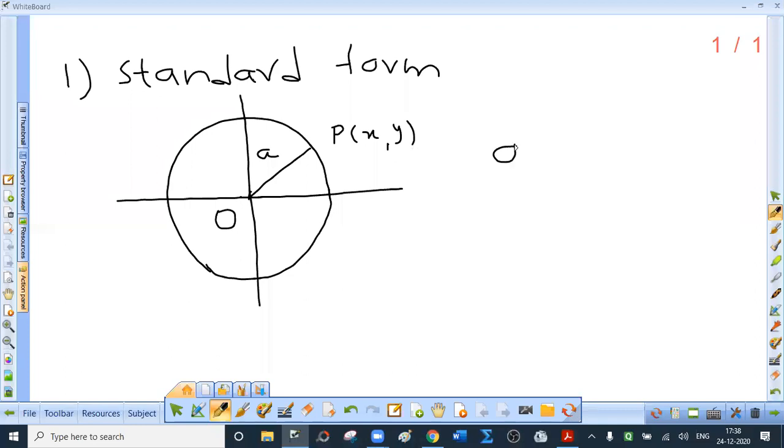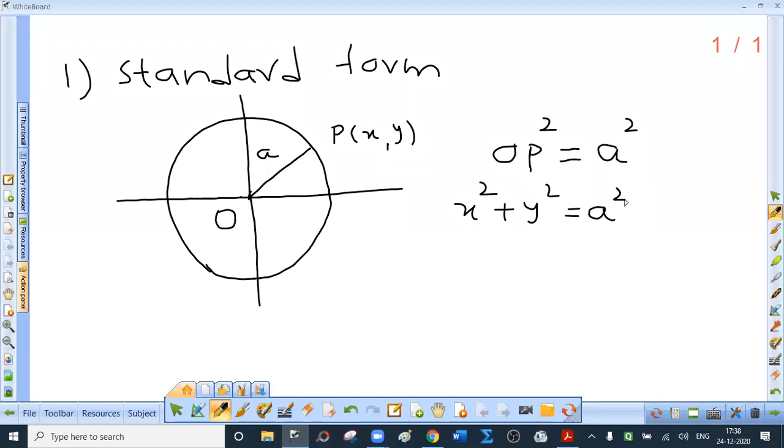Second, we write geometrical condition. Every point on the circle is at a distance radius from the center. So OP is a, that is OP square is a square. Now origin is (0, 0). So by distance formula, this is square of x minus 0, that is x square, plus square of y minus 0, that is y square, equal to a square. Yes. So this is equation of circle in standard form.